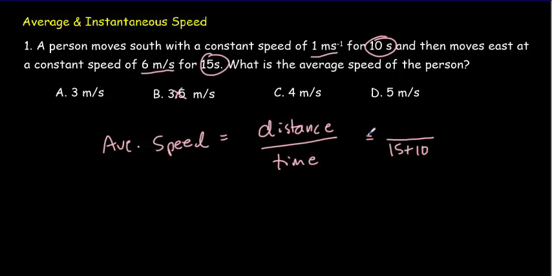And then the total distance, well, if you move at 1 meter per second for 10 seconds, you're going to move 10 meters. And if you move at 6 meters per second for 15 seconds, you're going to move 6 times 15 or 90 meters. So we get 100 divided by 25, which is 4 meters per second. Correct answer was C.